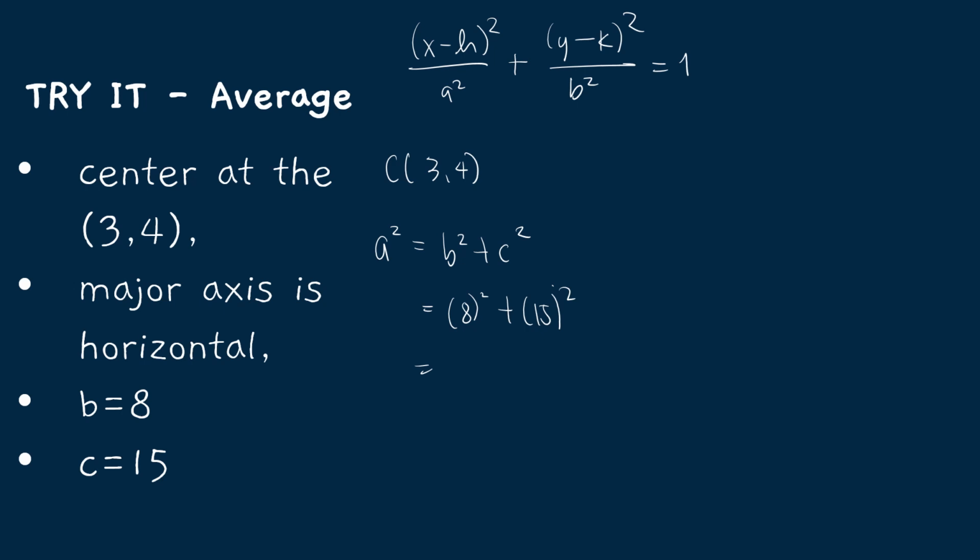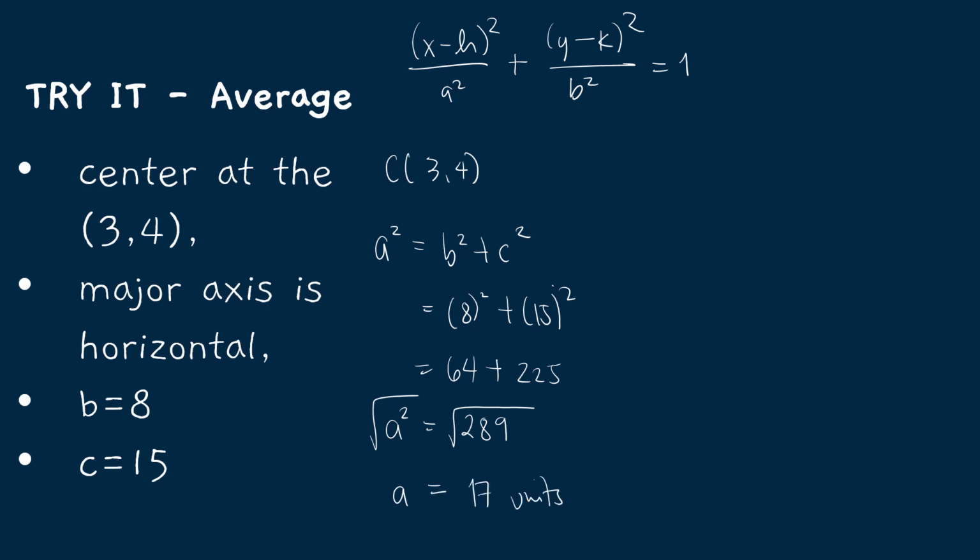So, 8 squared is equal to 64. 15 squared is equal to 225. And then you add them: 225 plus 64 is equal to 289. And if we get the square root of 289, because that's the value of a squared, a is equal to 17 units.